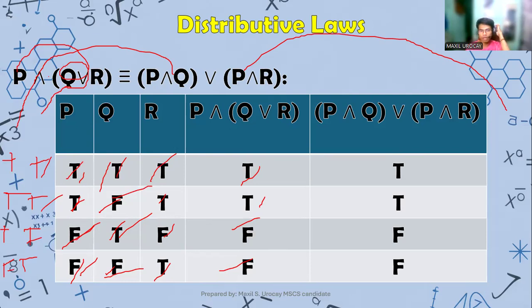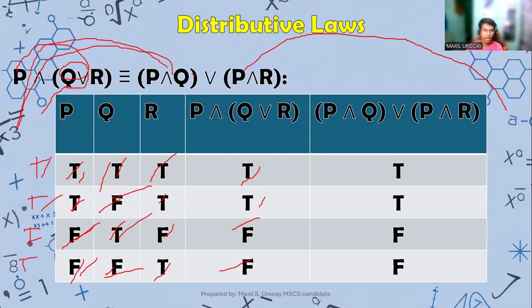No. Yeah, that is and, right? That's multiplication. Oh my goodness. We're not able to... oh my god. That is and, that is not or. So let's go back. My goodness.